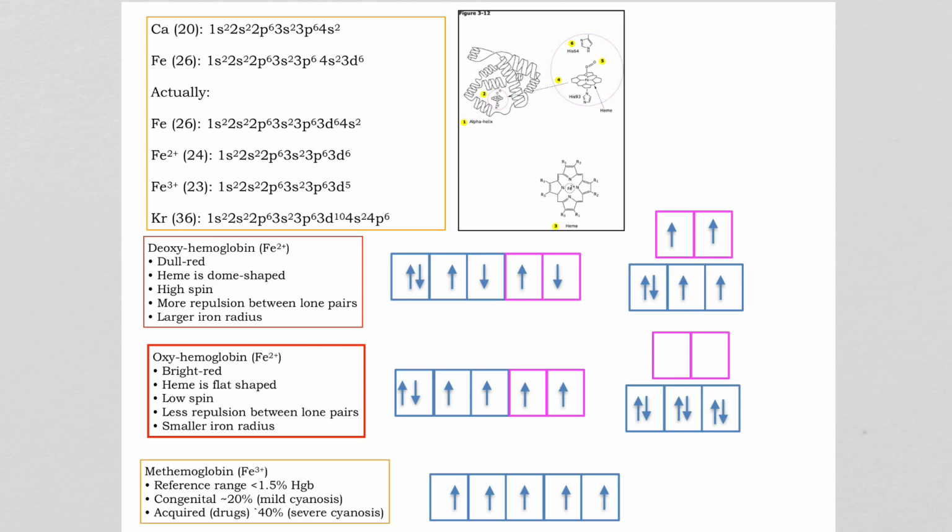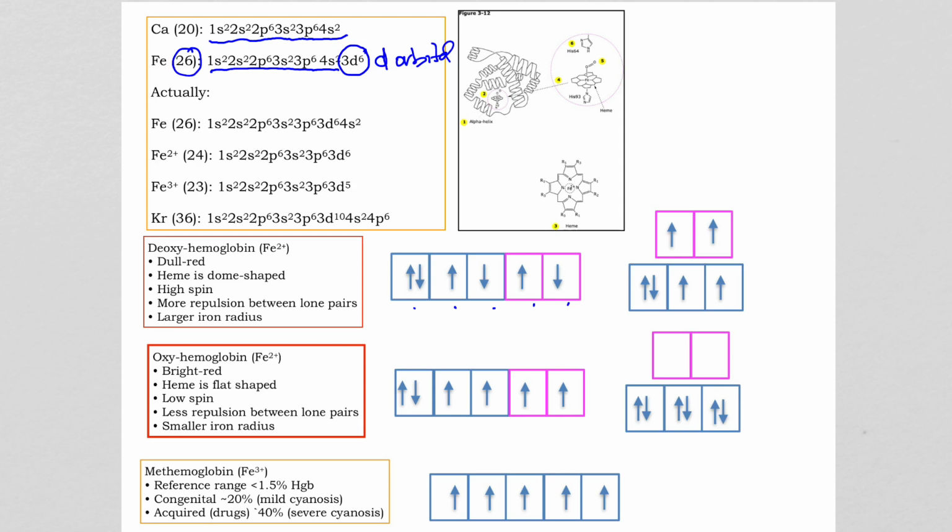So if you look at the way electrons are arranged in, say, calcium, you can see 1s2, 2s2, 2p6, the different orbitals, 3s2, 3p6, 4s2, and so on. Now, iron has an atomic number 26, and we arrange the electrons in iron following the rules of chemistry. We now get into the d orbitals, and there are 5 of them.